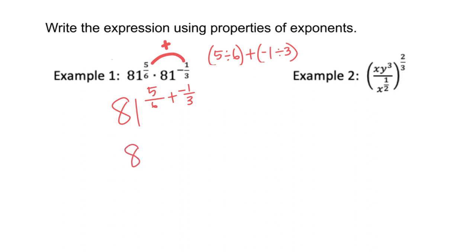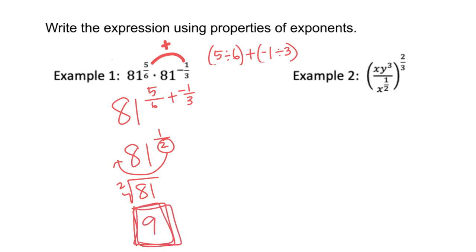So that made this an 81 to the 1/2, which is the same thing as a square root of 81. Remember we talked about moving that bottom of the fraction to the root. And when we plug either one of these in as the exponent or the root, whichever one you prefer, it should give you the answer of 9.